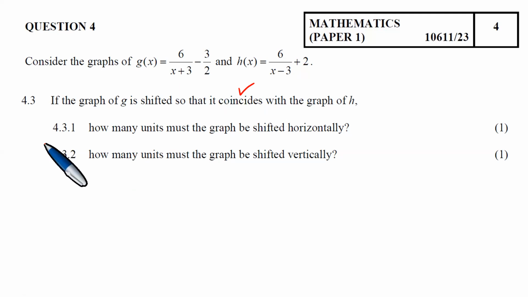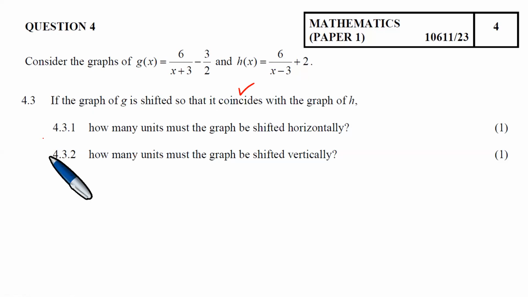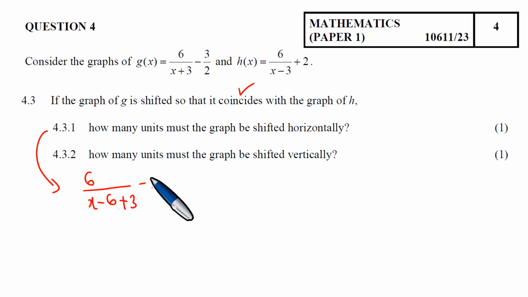So we will look at the answer to 4.3.1. In 4.3.1, we realize that you must shift it by some units. What number can you add to get to that point? Horizontal shift means we only change x.